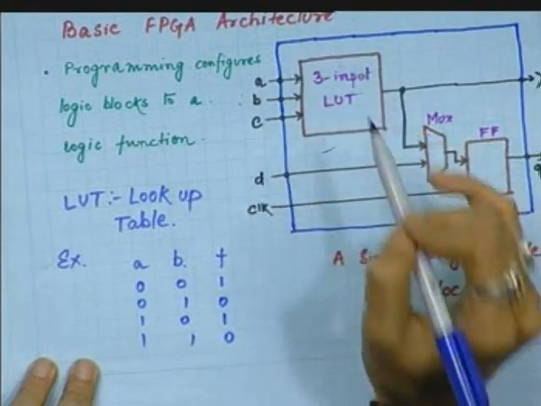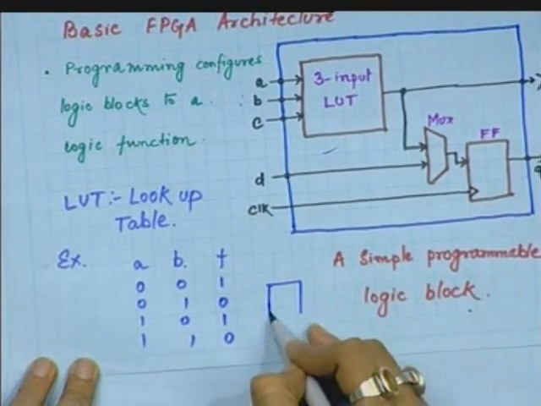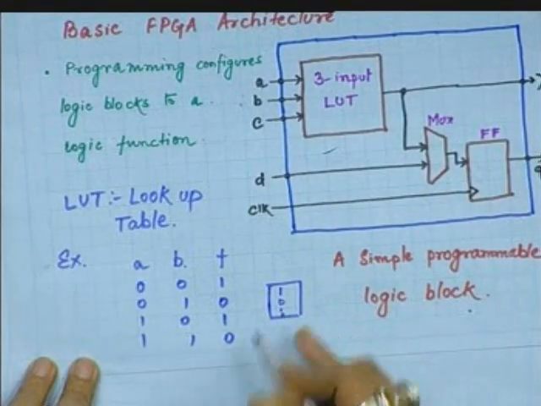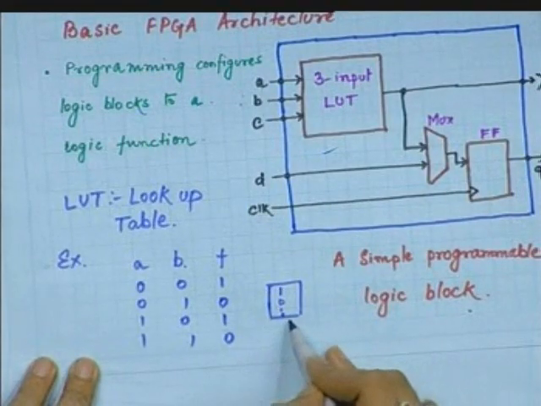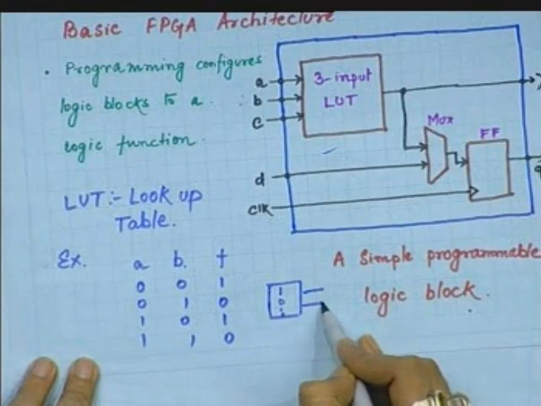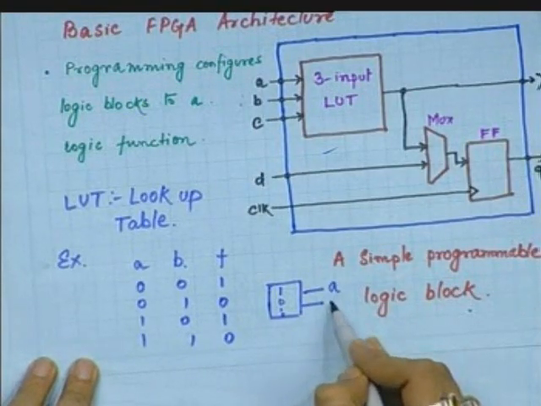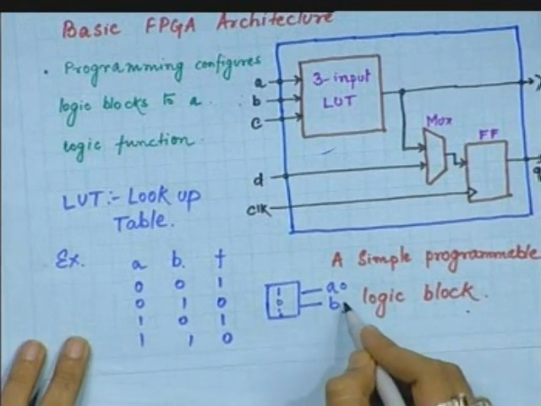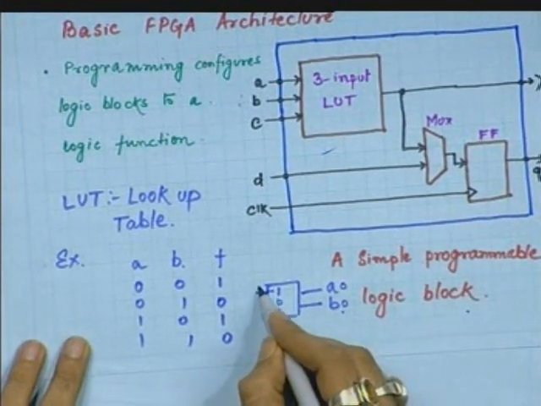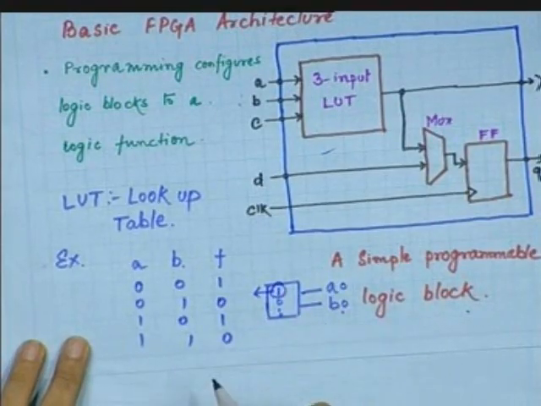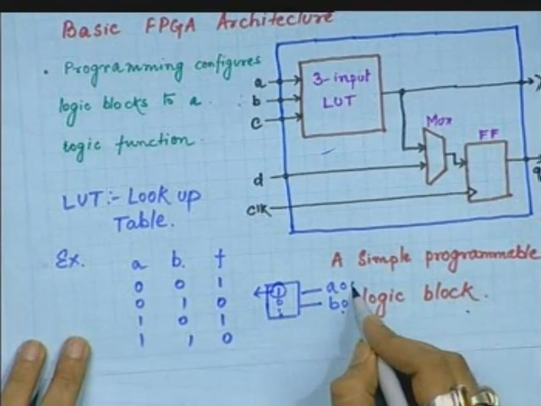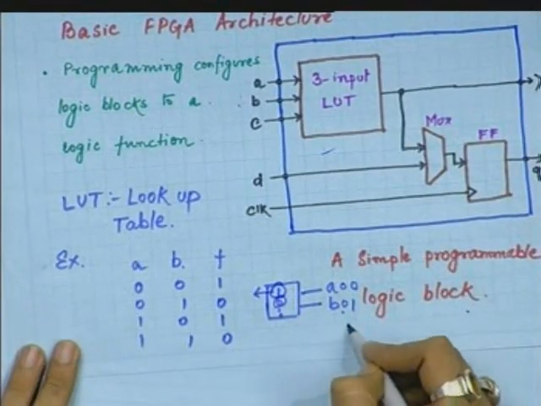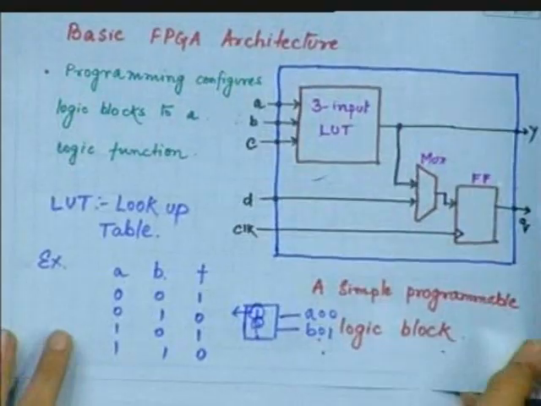What a lookup table contains is this function 1 0 1 0, and a and b act as a memory address pointer. When a is 0, b is 0, the first value is selected. When a is 0, b is 1, the second value is selected. So, this is what a lookup table is.